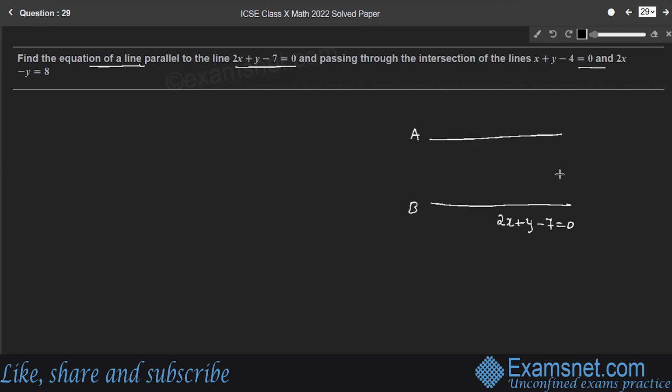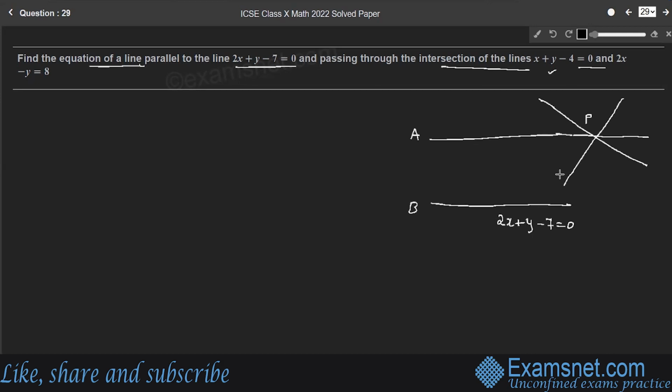Line A is passing through the intersection of these two lines, x plus y minus 4 is equal to 0 and 2x minus y is equal to 8. Let us consider these two lines C and D. Let P be the point of intersection, through which the first line A is passing.